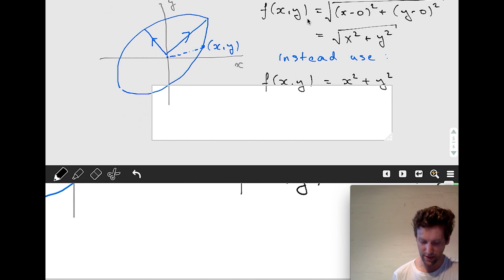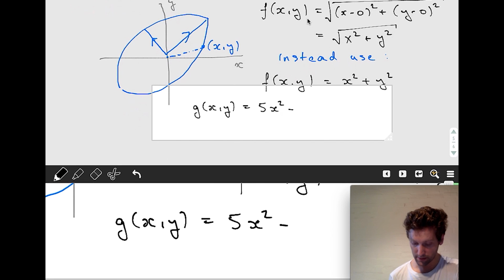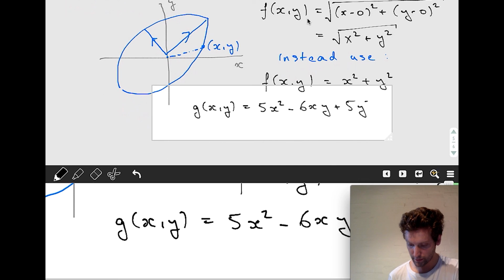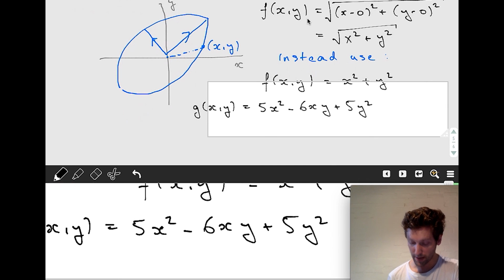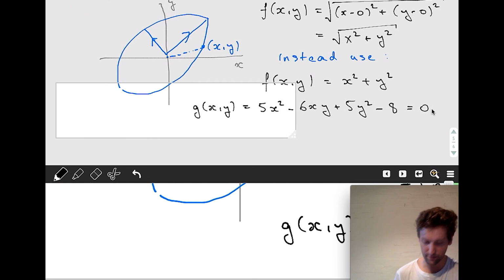So our constraint is g of x and y is equal to 5x squared minus 6xy plus 5y squared minus 8 is equal to 0. So again, all I've done there is rewrite my expression for the ellipse so that it's something equals 0. And that's our constraint.